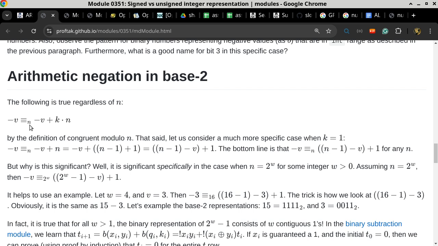Let's say that negative v is pointing to this position as a negative value. From your perspective, it really is on this side, because on the number wheel, the negative values are always on your left hand side. Every time we add n to it, it just goes one full revolution back to the same place. If you turn the hand exactly k full revolutions, it still ends up at the same place.